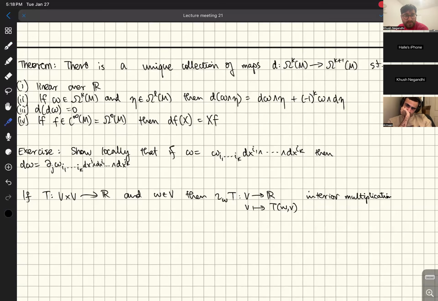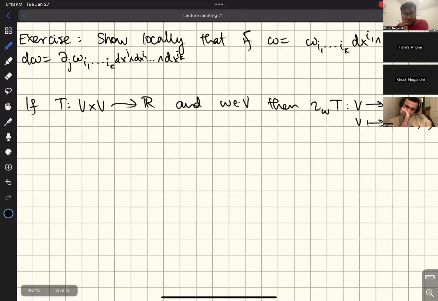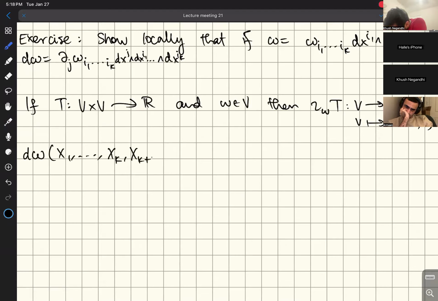It's a very cool formula that I will link to a proof that I did of it. So the d omega applied to, okay, this is extra compared to omega, so you have an extra thing.